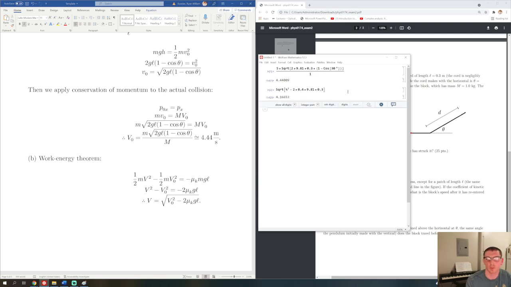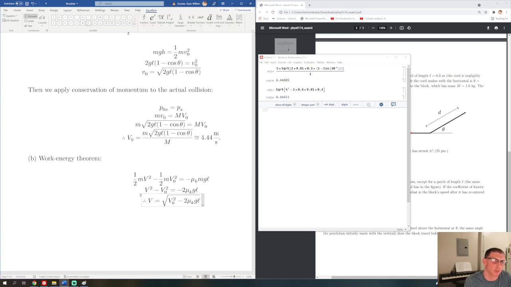That looks good. So it doesn't actually change by a whole lot, right? But I'm pretty sure this is correct. It should be like 4.117 meters per second.